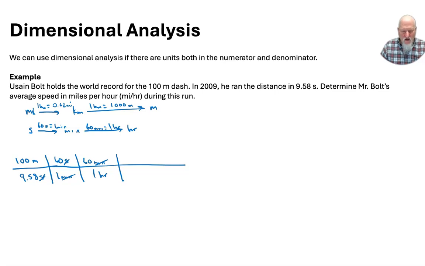Oh, I messed it up. Okay, let's write this again. So I'm starting with meters, and I need to go to miles. So I can go meters to kilometers. So 1 kilometer is equal to 1,000 meters. And I need to go kilometers to miles.